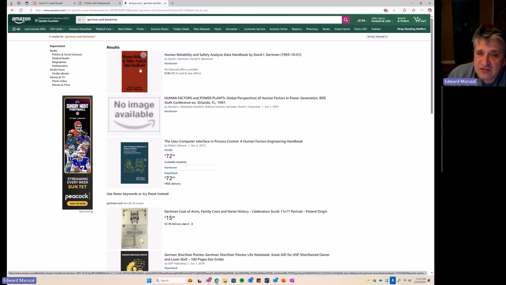It's going to have tons of tables that will give you different failure rates for different situations, different stress factors. Also in this book, they discuss something called the Sandia recovery model.